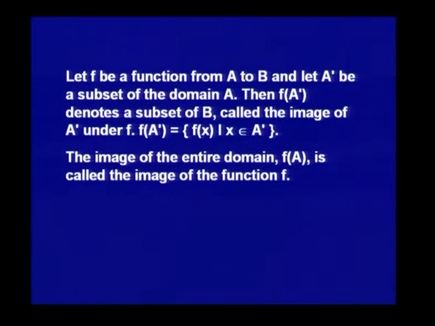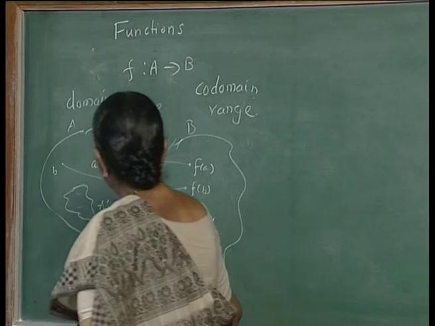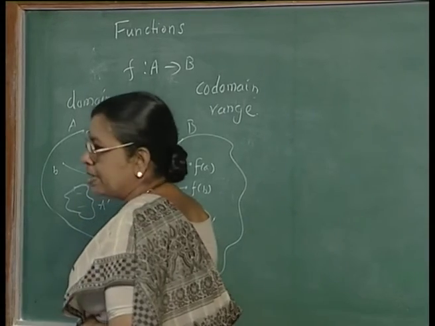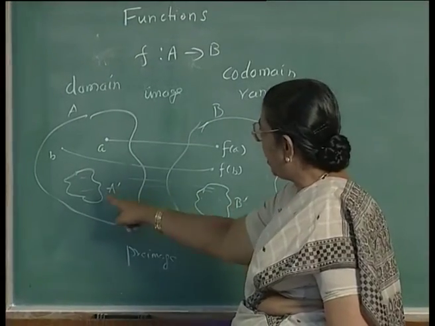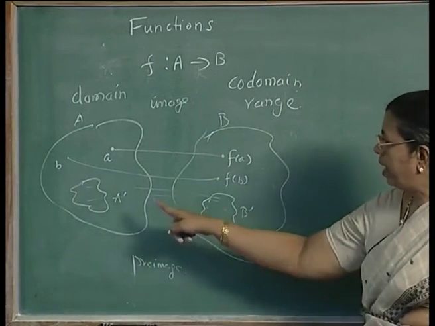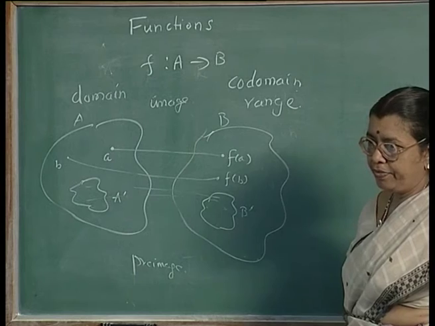I will repeat again. If you have a function f mapping A to B, and a subset A dash of A, then this is mapped down to a set B dash. B dash is called the image of A dash under f.